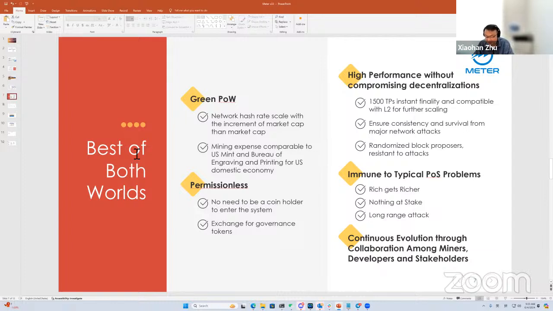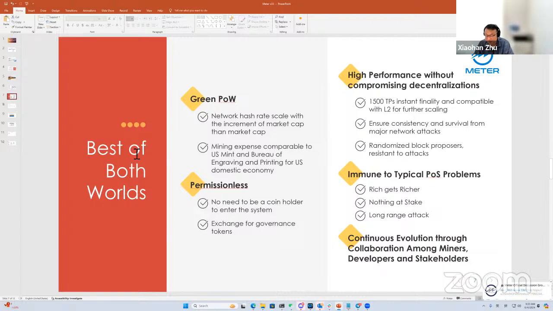It can actually go down all the way to zero. So basically, there's no need to compete anymore. You only have to go through the proof of work process when there's need for newly created gas token in the network. So that process makes it very green.